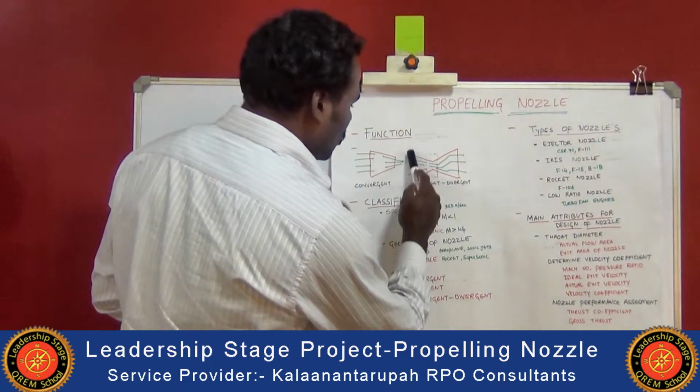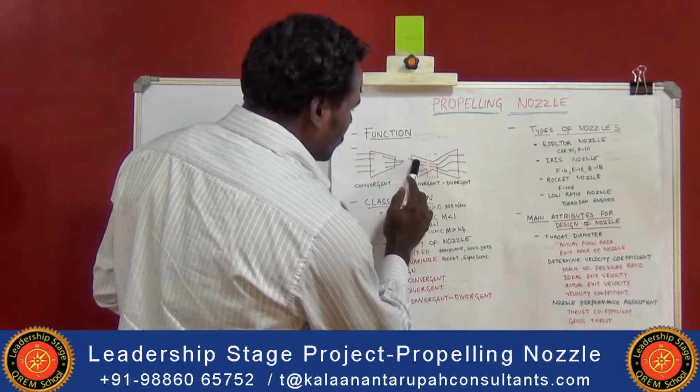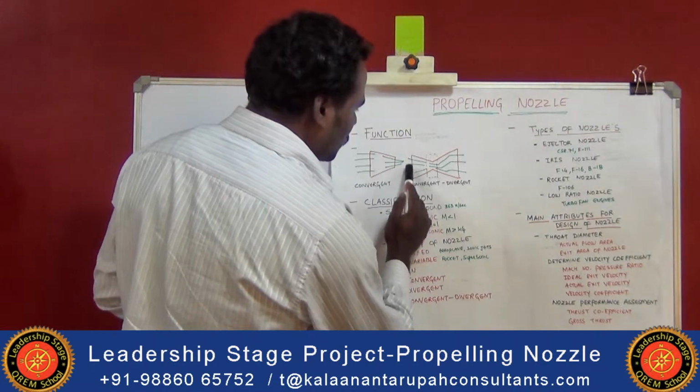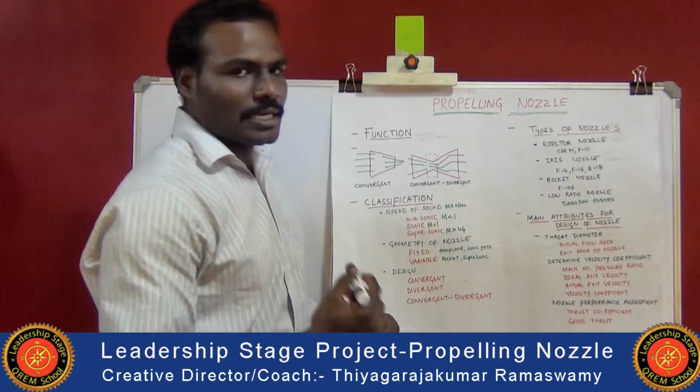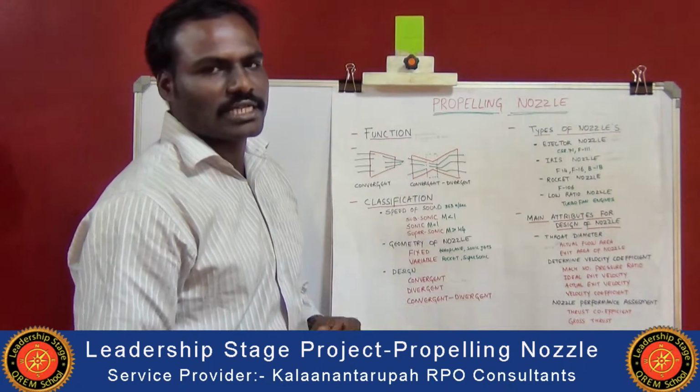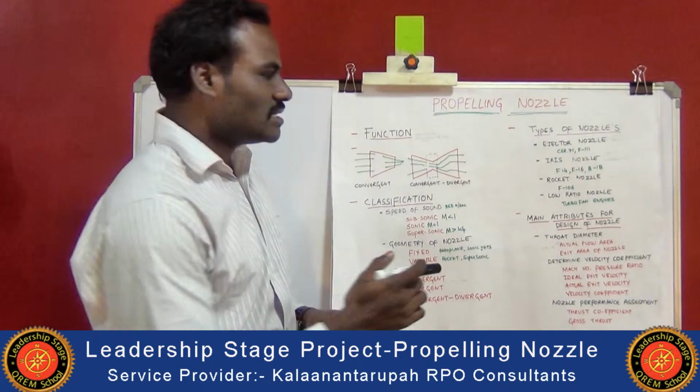Whereas in the convergent-divergent nozzle, when the exhaust gases reach the throat, the exhaust gases from the engine are consistent at this area.